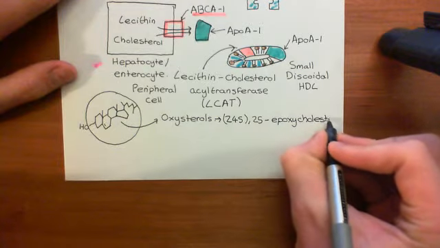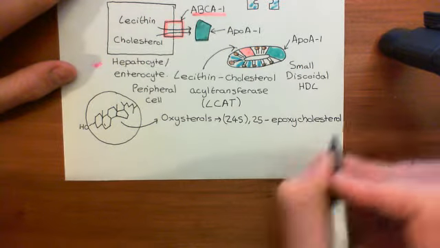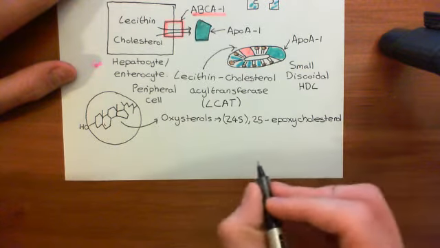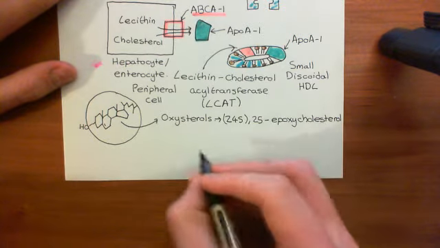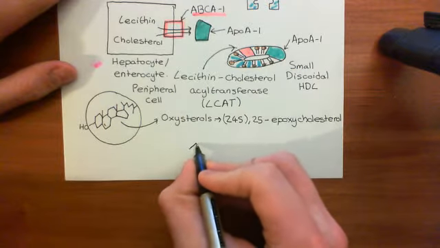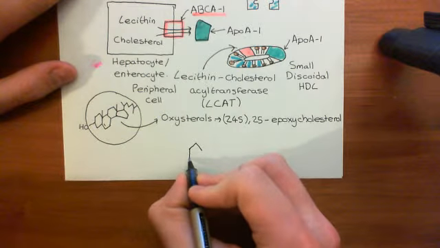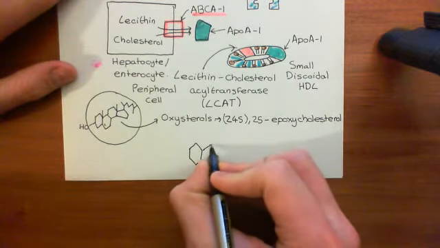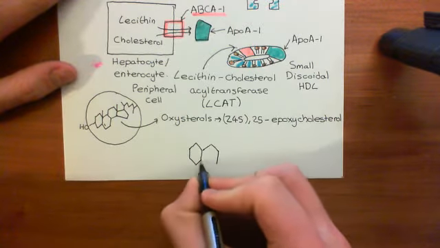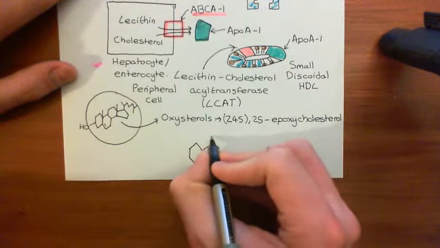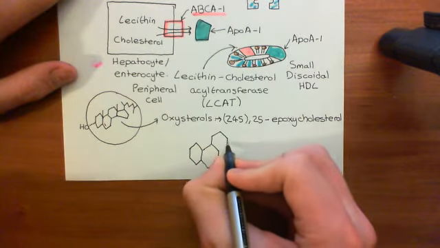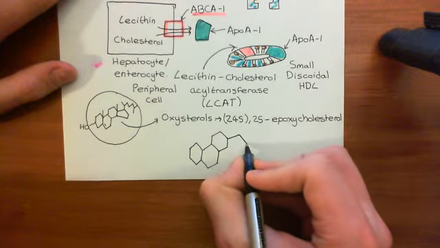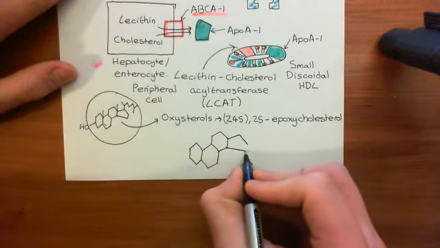So let me talk you through the structure of this then. So let's draw a little picture. Okay, so for this we need to understand the naming of cholesterol again. So we need to remember our numbering of the different carbons within the cholesterol molecule. Okay, so here is the A ring of our cholesterol molecule. Here is the B ring. Here's the C ring. And if you remember, 24 and 25 will be up in that side chain that comes off carbon 17.